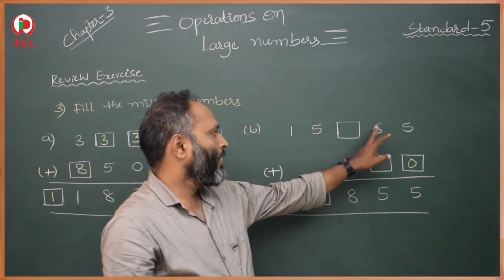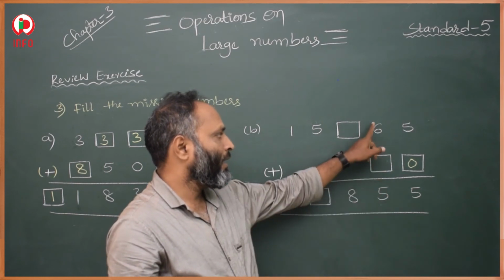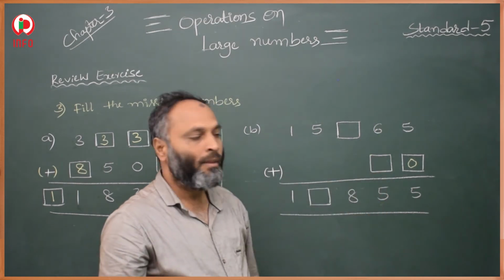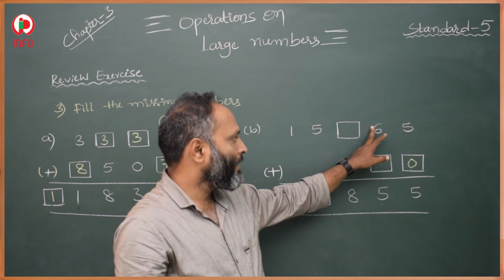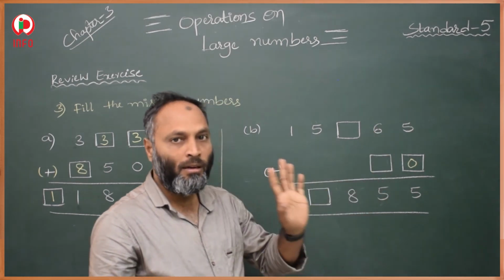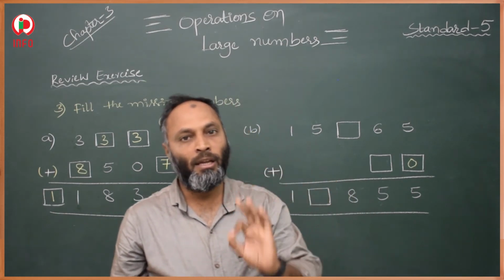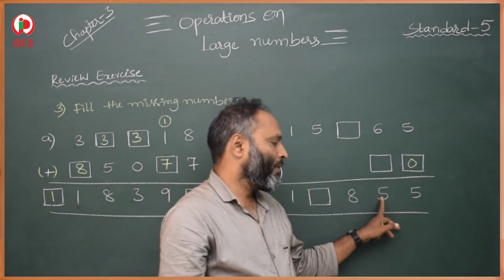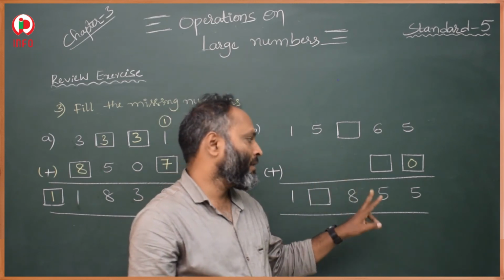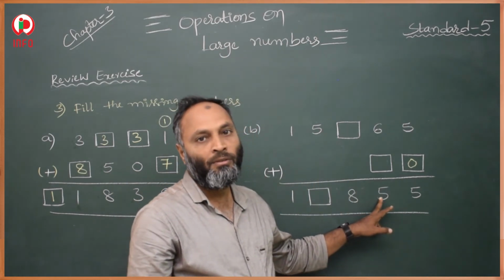Next, here 6 is there and here 5 is there. Here is the addend, here our sum. Here the addend is greater than the sum, but the sum is always greater than the addend. So it is not 5, we understand that this is 15.